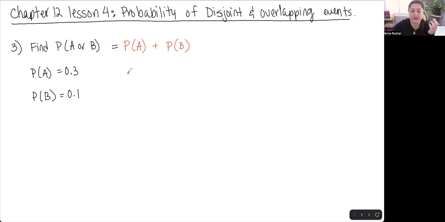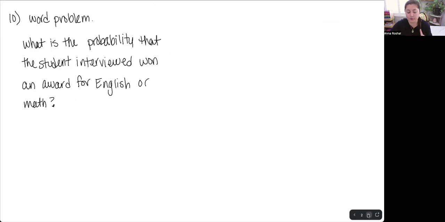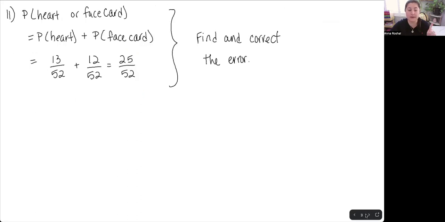We know that probability of A is 0.3. The probability of B is 0.1, so 0.4 is the probability of either A or B. Done.